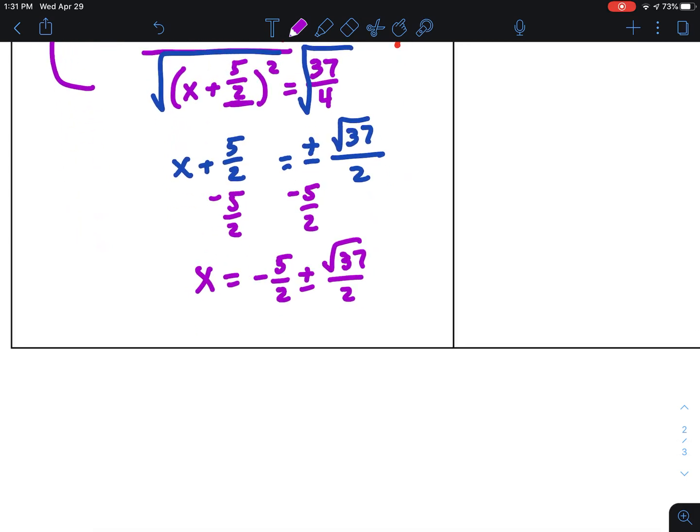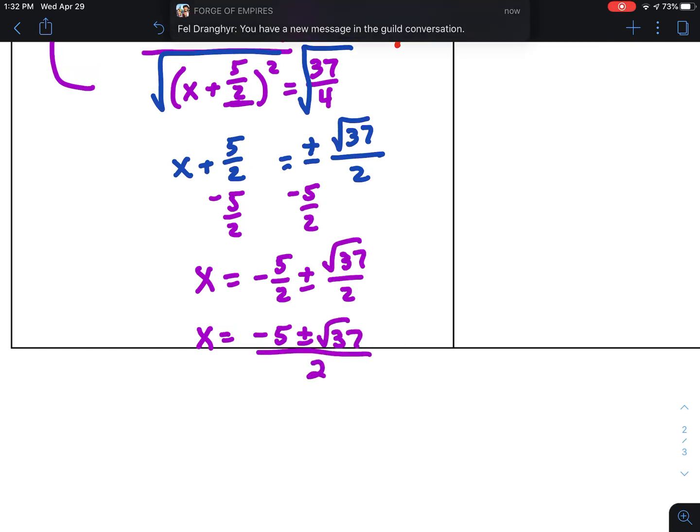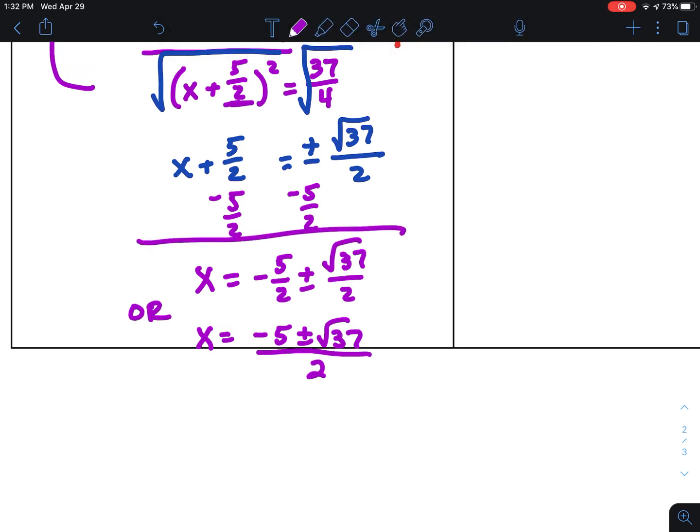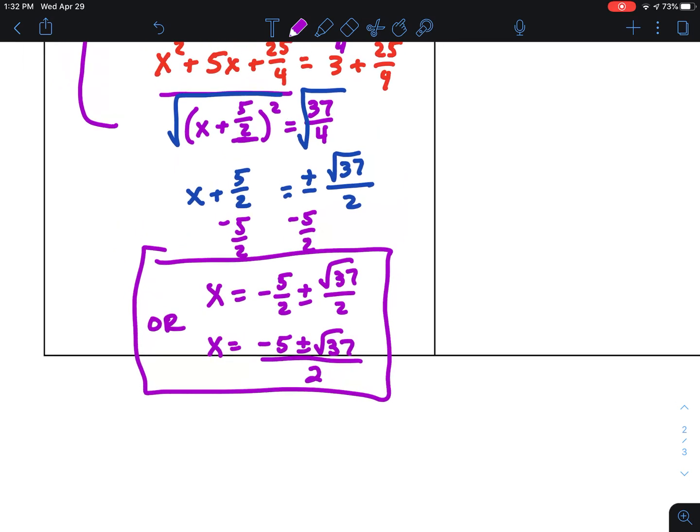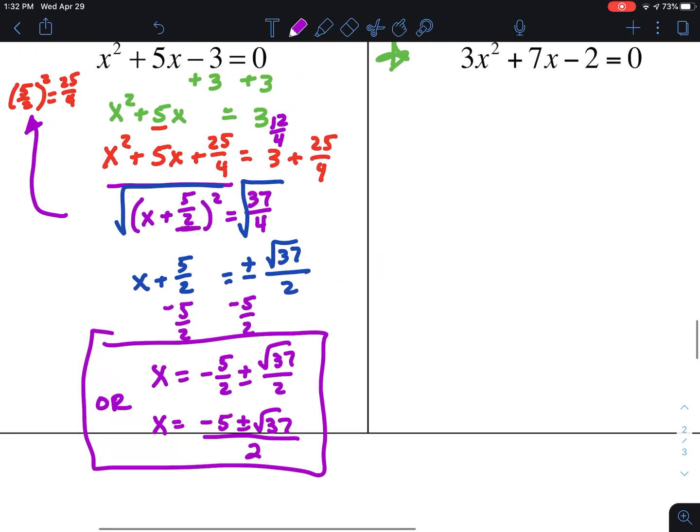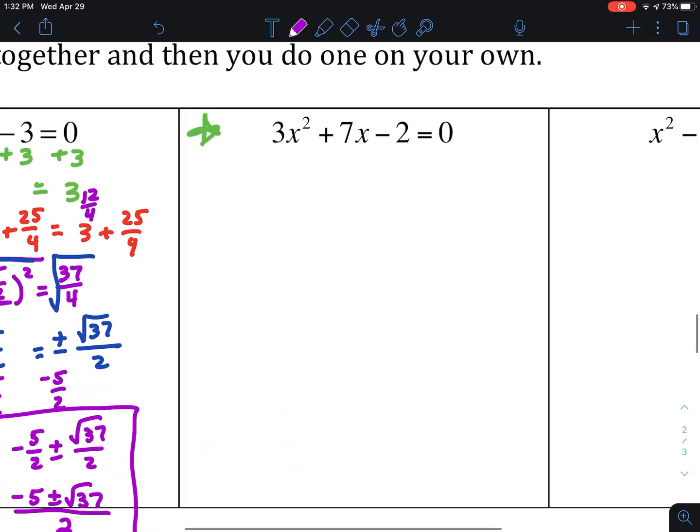You can leave it like that, or because they have the same denominator, you can combine them together like this: negative 5 plus or minus the square root of 37, all over 2. Either one of those would be an appropriate way to write the solution to this quadratic. It's all good. So fractions do introduce a little bit of complexity into the problem, but the arithmetic is all the same, okay?